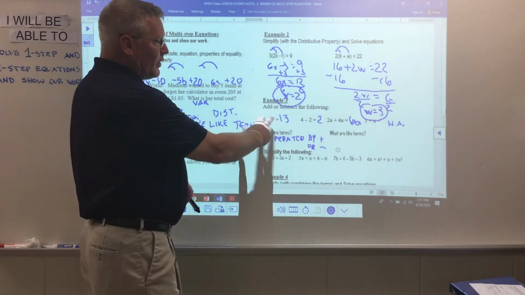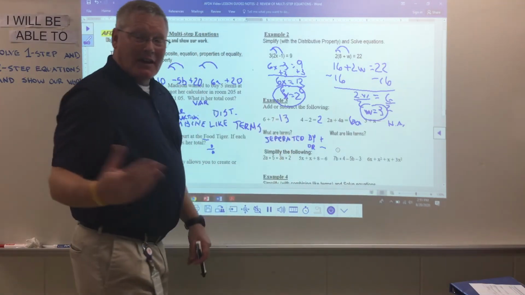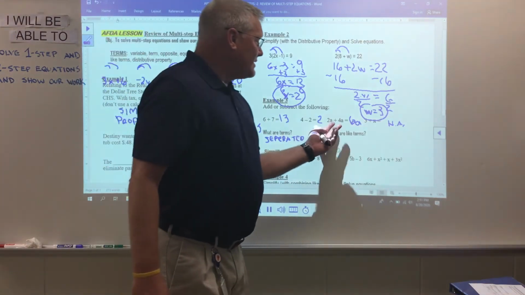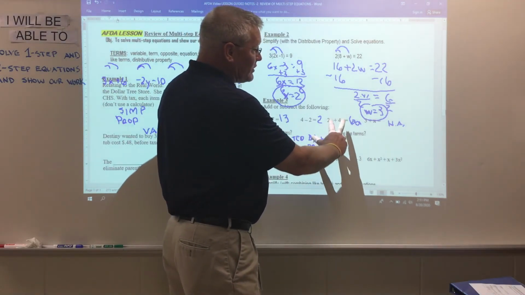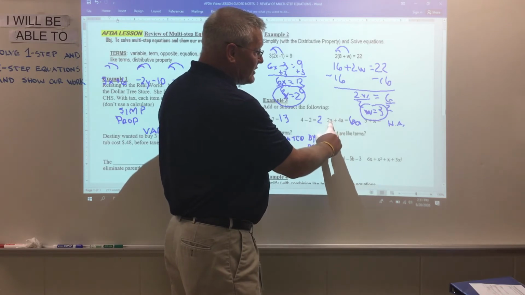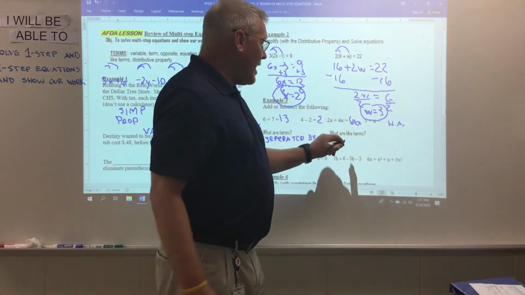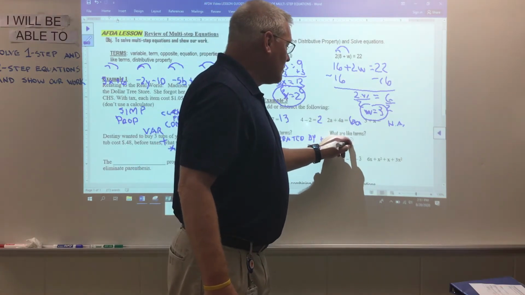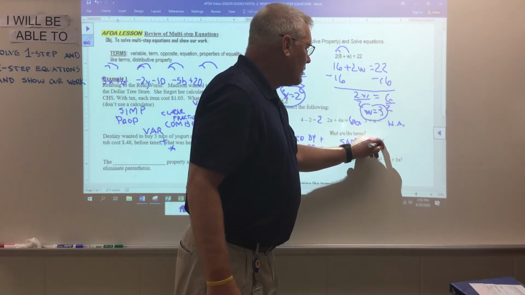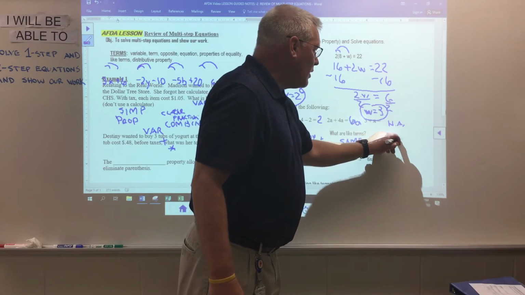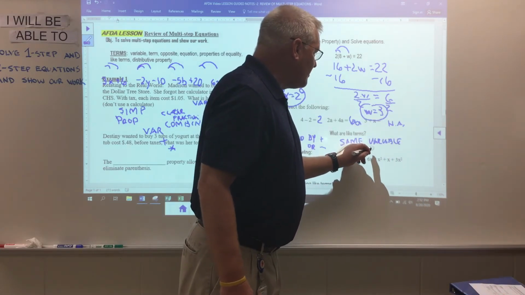These are numerical terms, and we've been adding or subtracting those forever. These guys right here are algebraic terms because they have that variable in there. So these are said to be like terms because they're the same variable with the same exponent. So like terms are going to have the same variable with the same exponent. We'll look at that here in the next example.